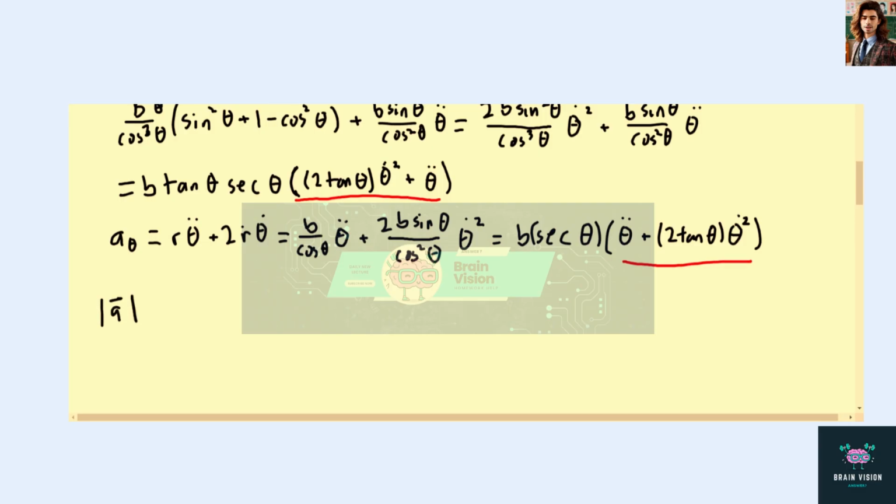Okay, so that magnitude of acceleration, again, is equal to the square root of a sub r squared plus a sub theta squared.